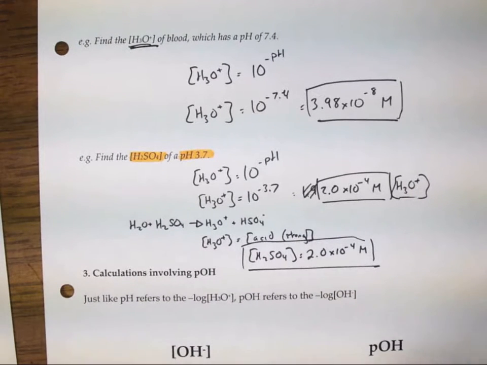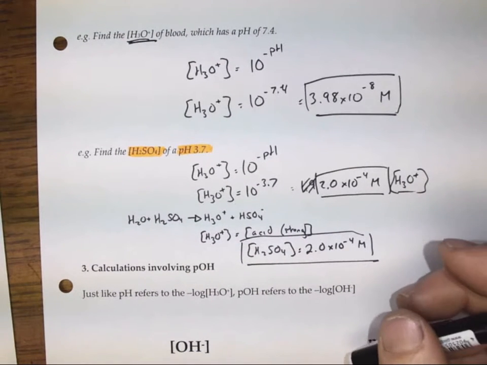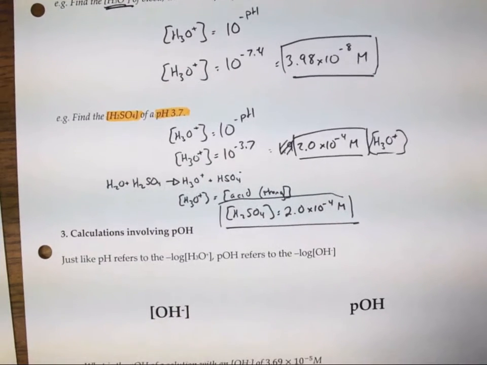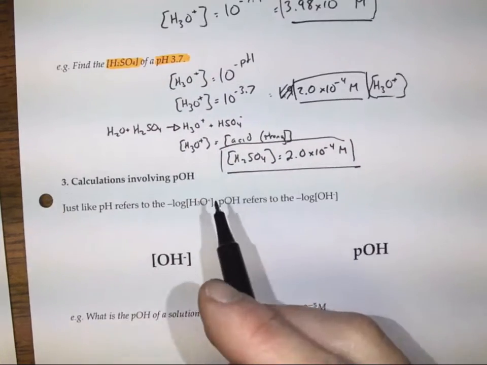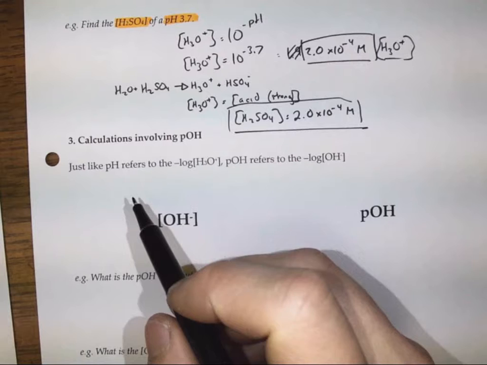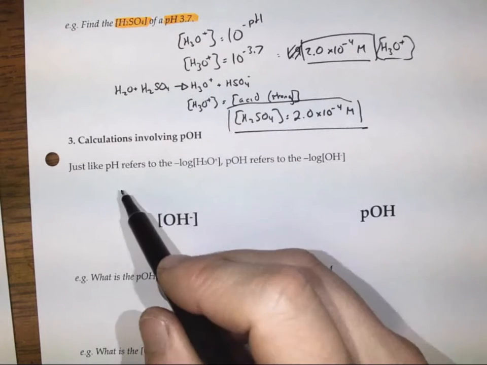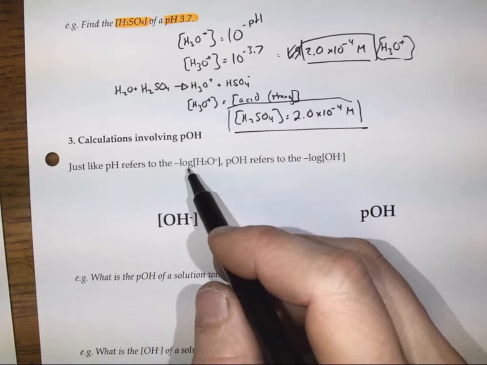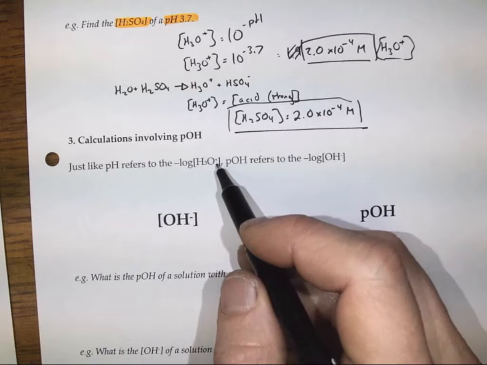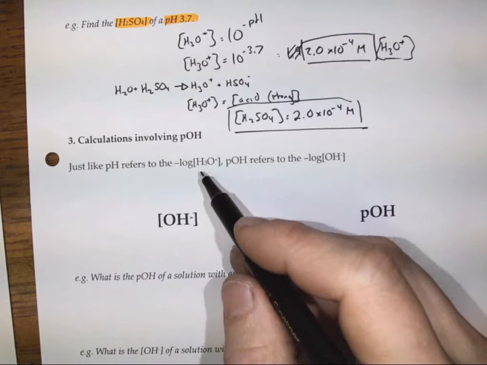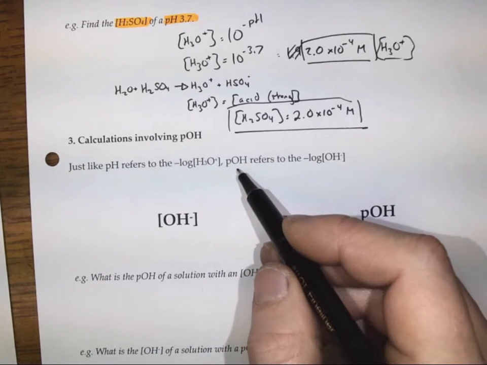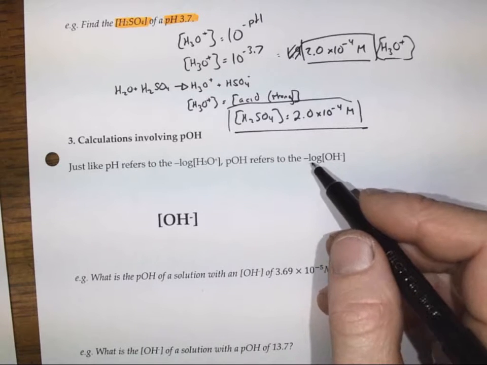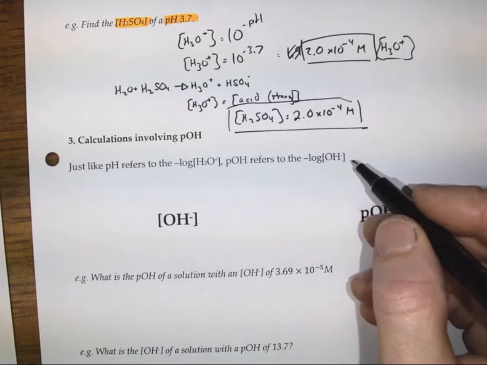Okay. Now, we'll move on. We'll talk about this more funky new term called pOH. So pOH is really similar. Just like pH gives us a negative logarithm of the hydronium concentration, or like the power of hydrogen, this is the power of hydroxide. It tells us we get the negative logarithm of hydroxide.